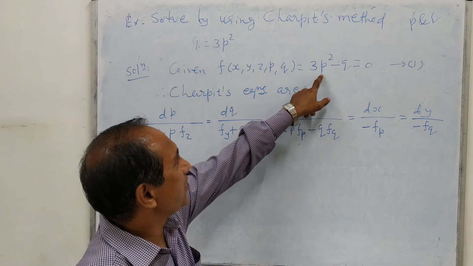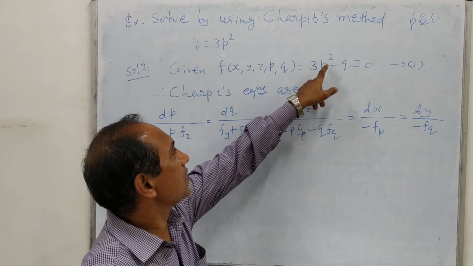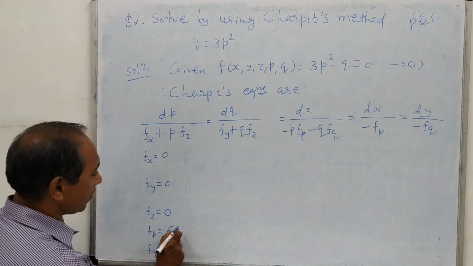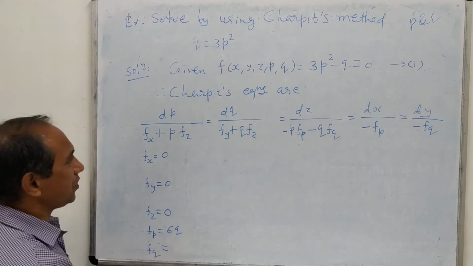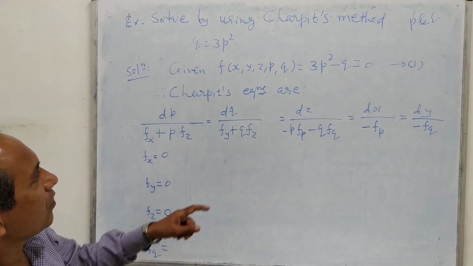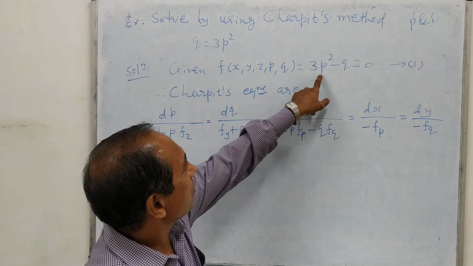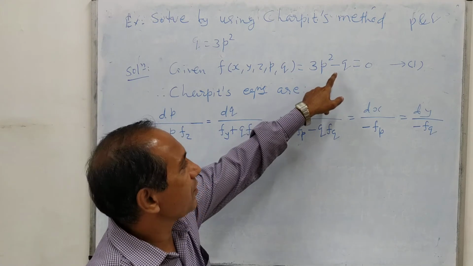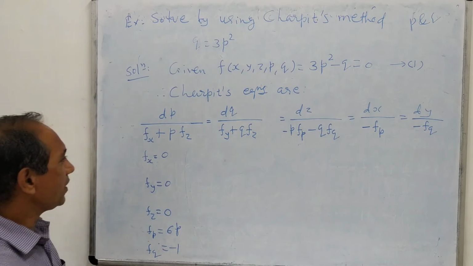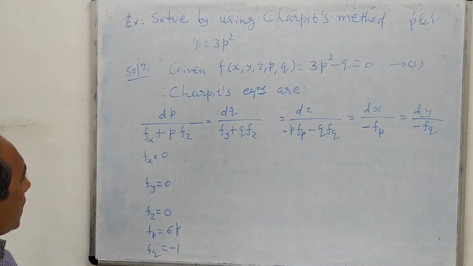Here is this p square, so the derivative of p square is 2p, that means 6p. And derivative of q is 0. So this is 6p. And f of q, the derivative of this is 0 because we are differentiating with respect to q, and it is minus 1. So we have obtained all the 5 equations.